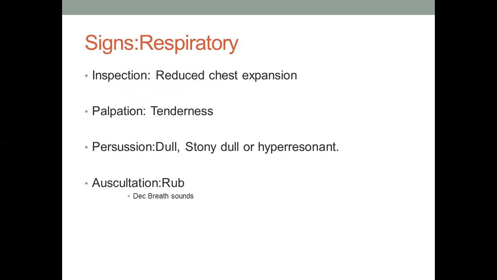In respiratory signs, we have inspection, palpation, percussion, and auscultation. On inspection, there will be reduced chest movement and expansion on the effusion site, or there may be tenderness if the patient has empyema or pus in the pleural space, and the patient has a dull, stony dull, or hyper resonant percussion note.